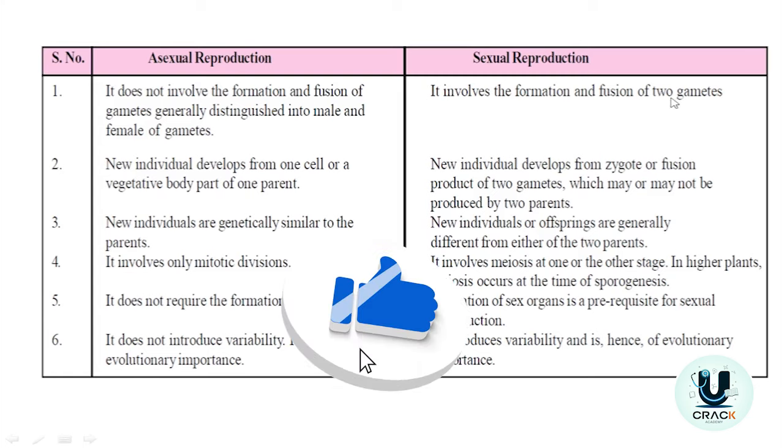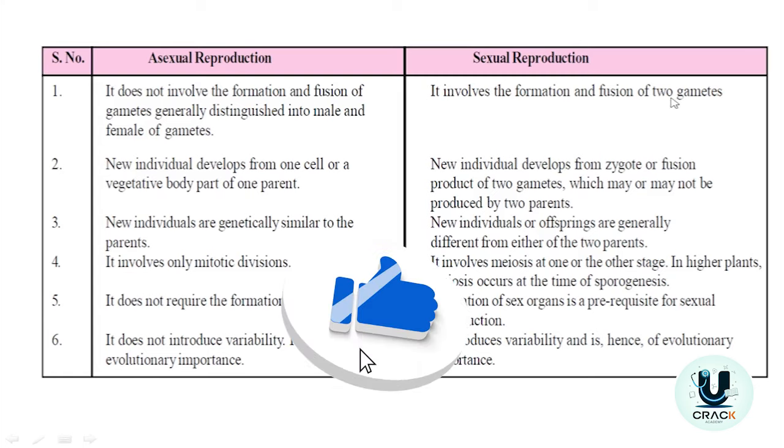Second point: in asexual reproduction, a new individual develops from one cell or a vegetative body part of one parent. In sexual reproduction, a new individual develops from the zygote or fusion product of two gametes, which may or may not be produced by two parents. Third point: new individuals are genetically similar to the parent, whereas new individuals are offspring genetically different from either of the two parents.